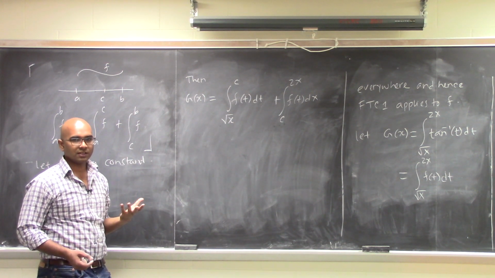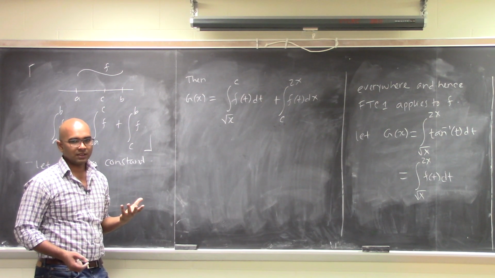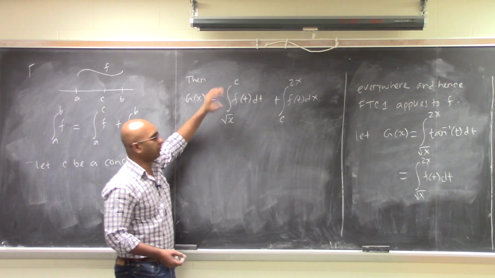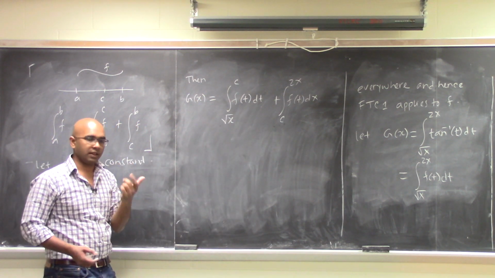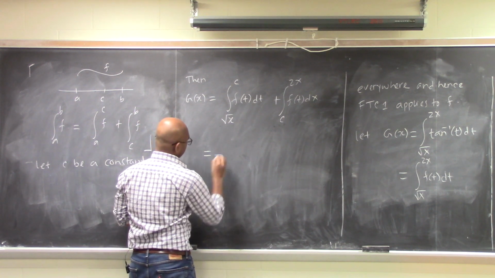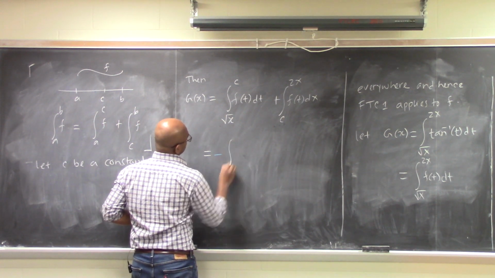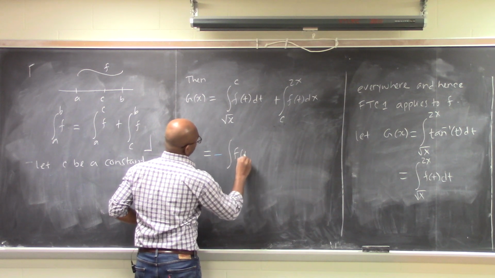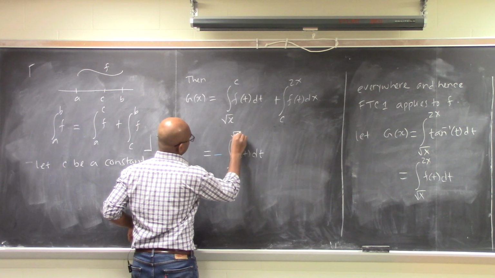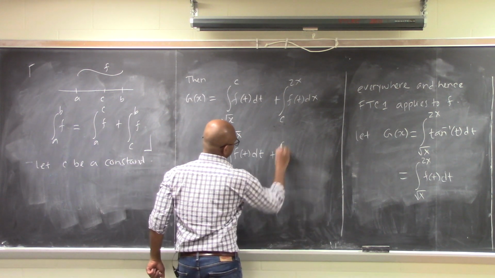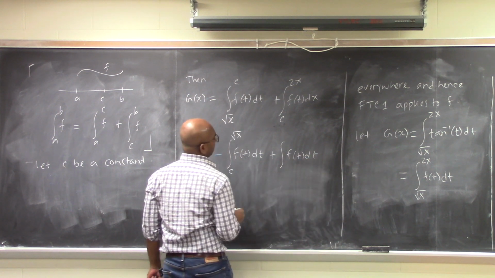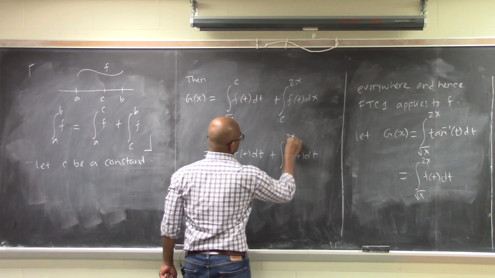And what is that? Yes, if we flip the upper and lower limits, that will contribute a negative sign. So this is just negative times the integration of f of t dt from c up to square root of x, plus the integration of f of t dt from c up to 2x.